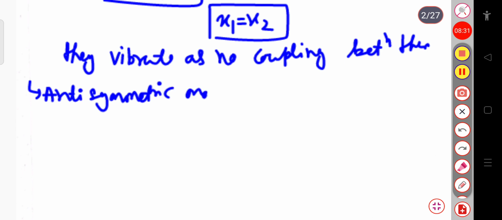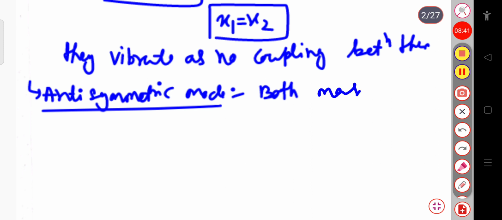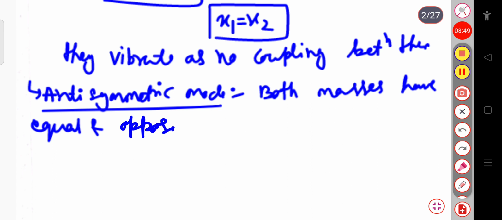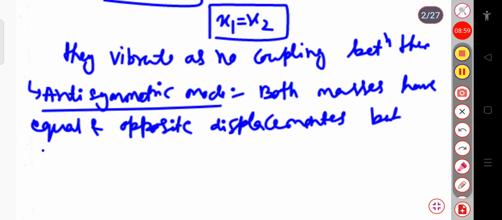For the anti-symmetric mode, both masses have equal and opposite displacement, but they oscillate with the same frequency.